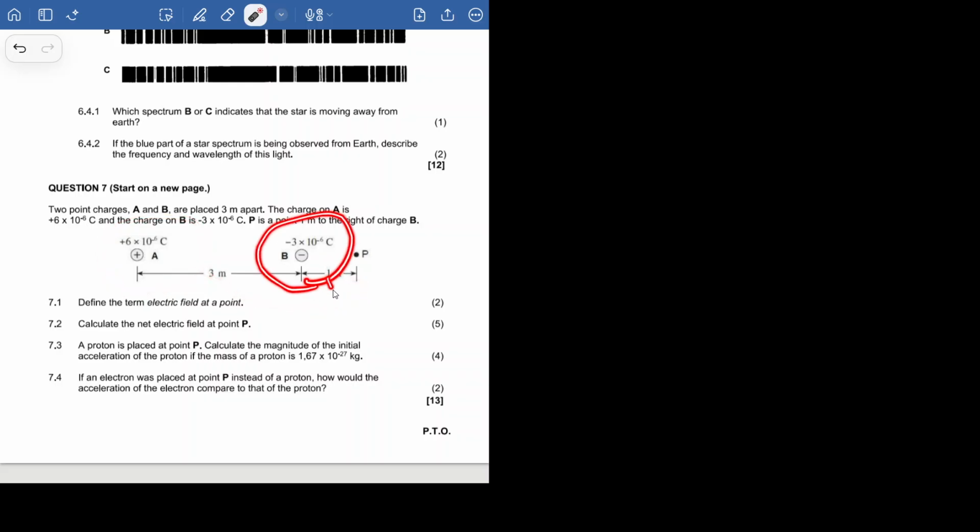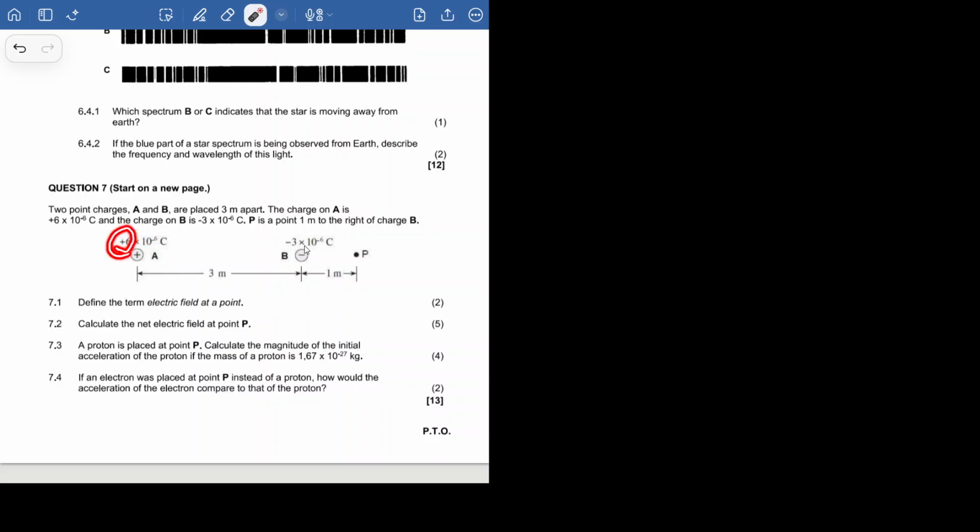Also, this will impose a force there. But now the issue is the net electric field here must be the combination of the two forces. That will be the net electric field there.